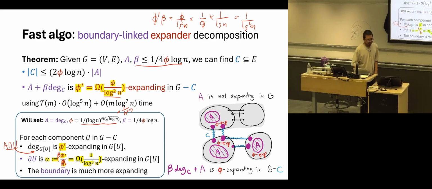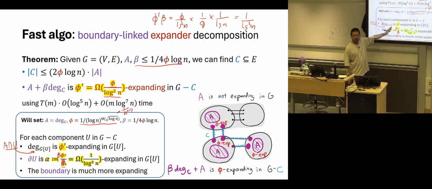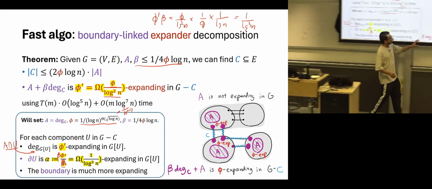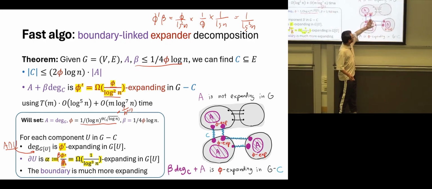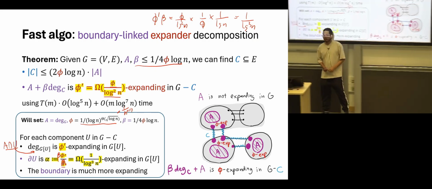So we're just going to assume that we can build this thing fast, where we get this expander decomposition, and once you cut it, the boundary is really expanding well inside the component, and the degree node weighting is quite expanding, but not as good as the boundary. Not just A here, but the degree node weighting, because we set A to be the whole thing.